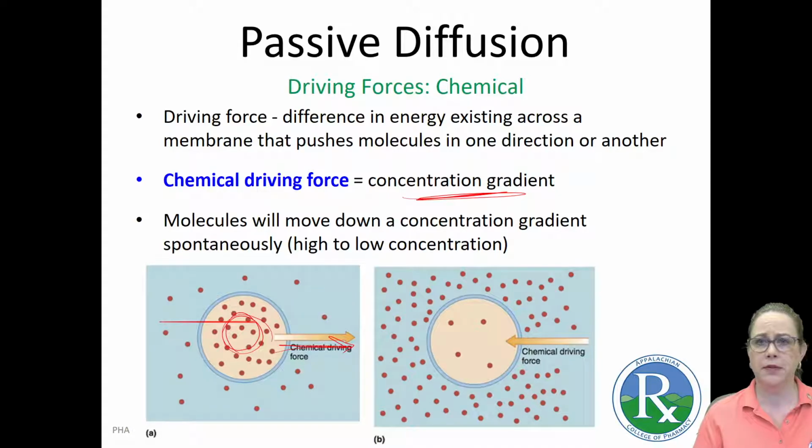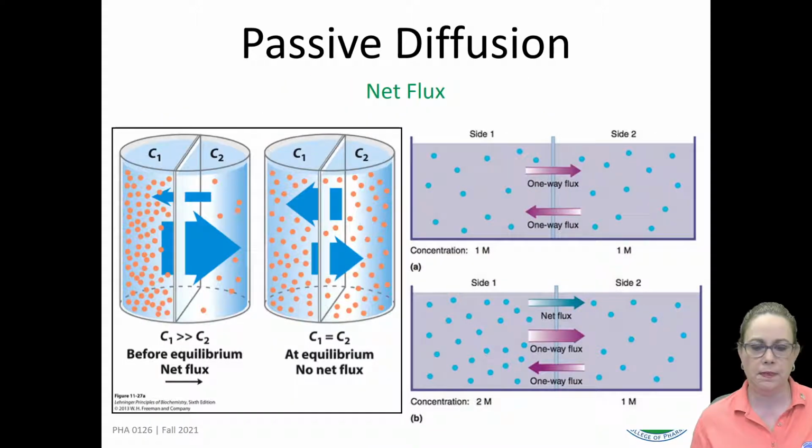Looking at panel B, we have the opposite scenario where the red spheres clearly have a higher concentration in the extracellular fluid compared to the intracellular fluid. So in this instance, the chemical driving force is going to drive the red spheres into the cell, and these processes will occur until the concentration inside the cell matches the concentration outside the cell.